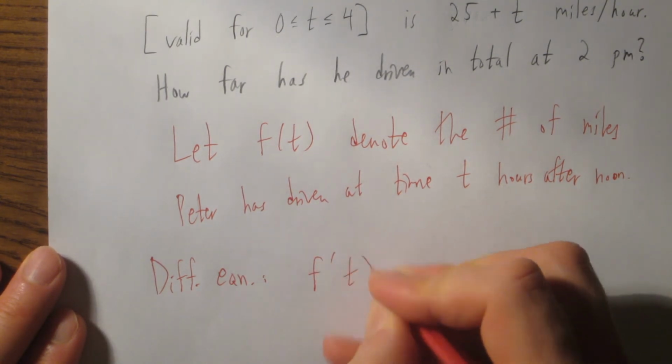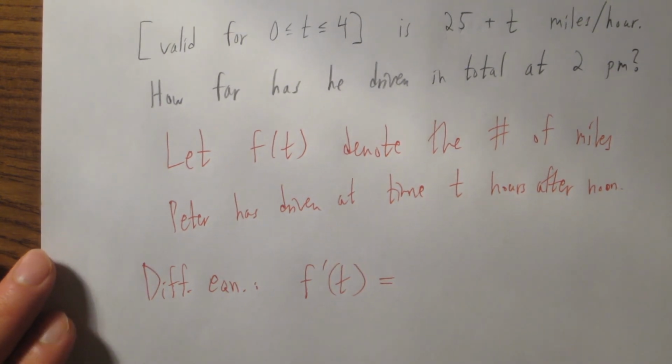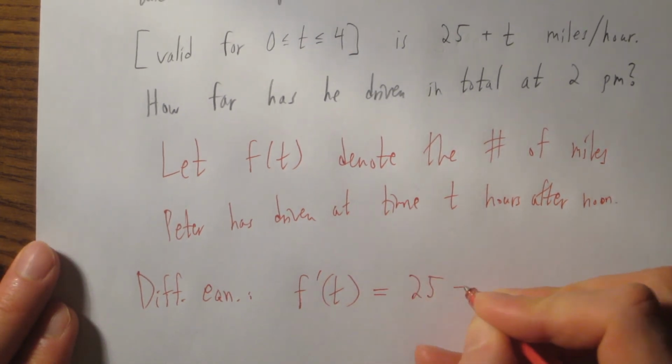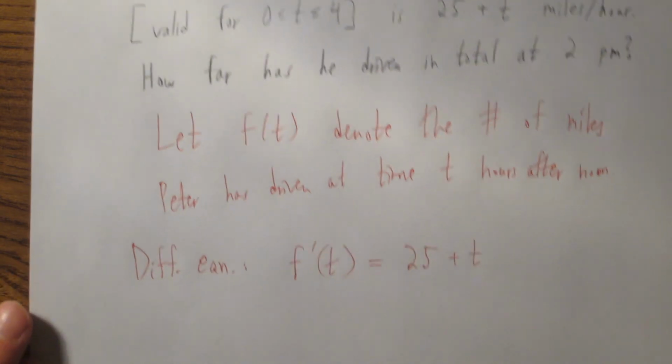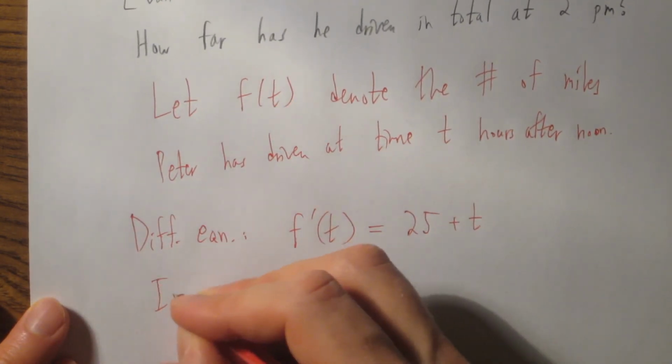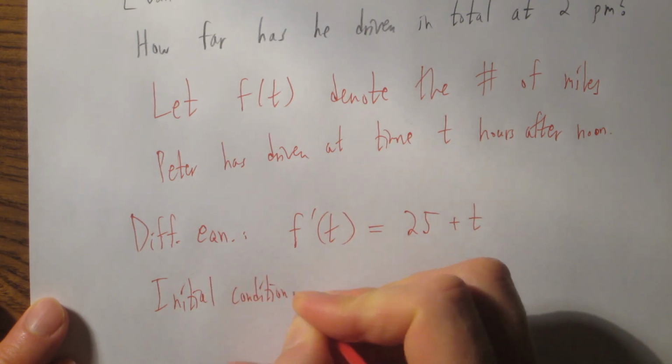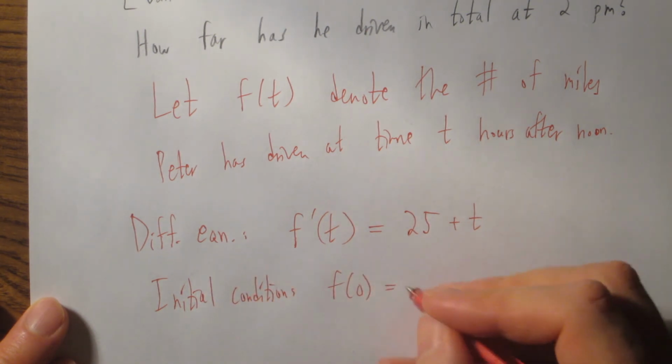So f prime t, the derivative of our distance function, is 25 plus t. That's the differential equation. And then we also have an initial condition, because we know that f of 0 is 7.